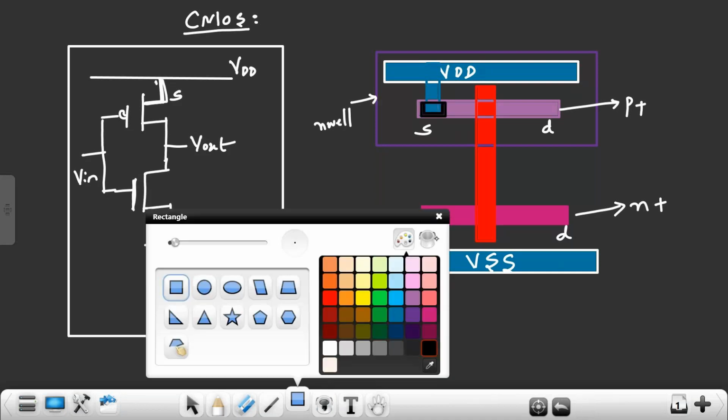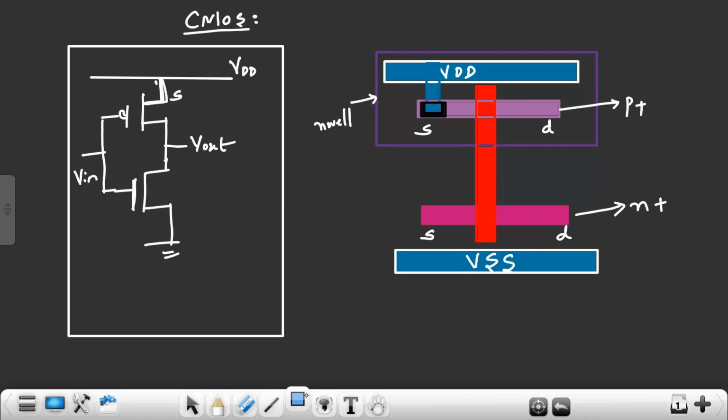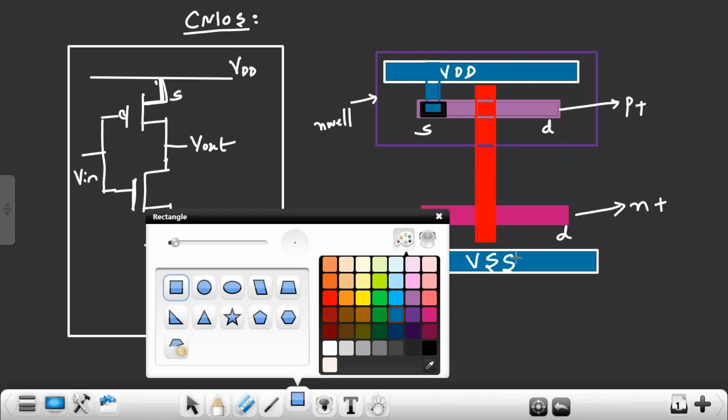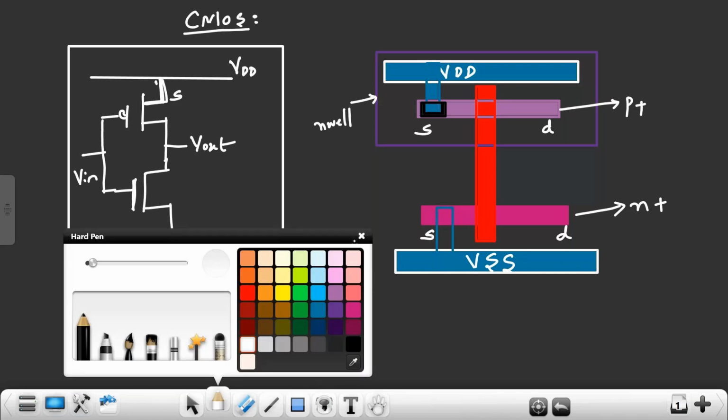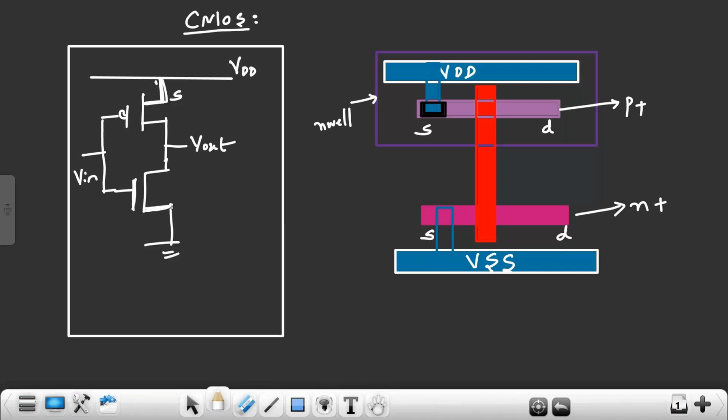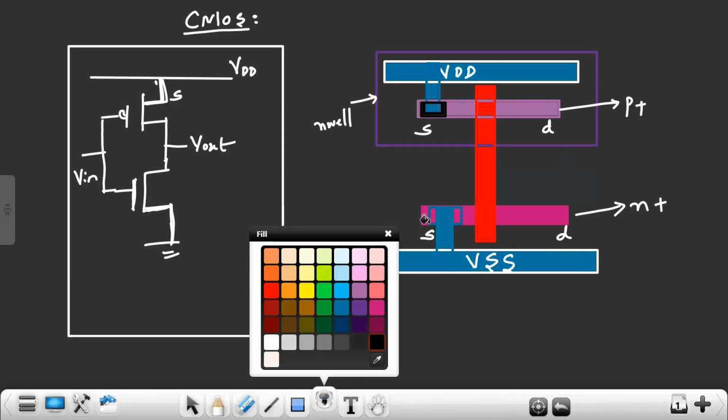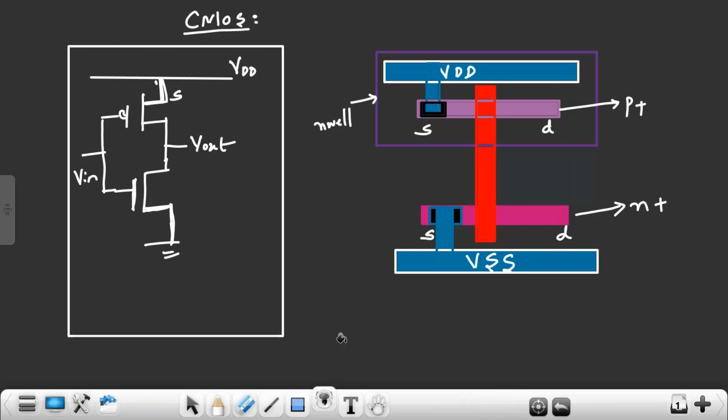And here your source. This source is connected to VSS, right? The source of your NMOS is connected to VSS. Again, you should have one contact cut here. And here, drain and drain are shorted.